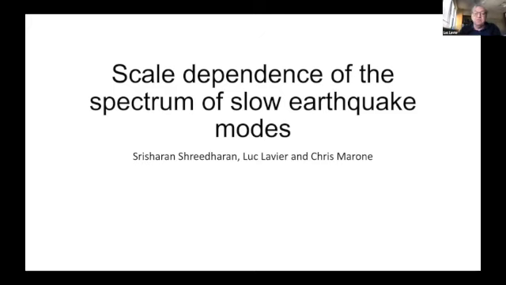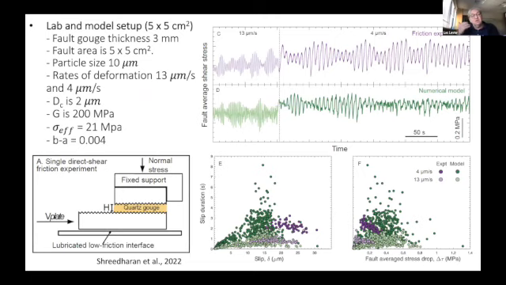So the first step of that was to use a lab experiment that was done by Srisharan and Chris at Penn State years ago, and to see if, using the exact same parameters as the lab experiments, the numerical model could behave in the same way.